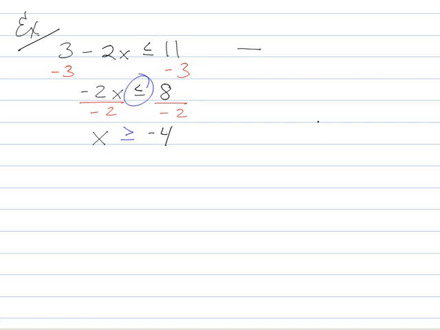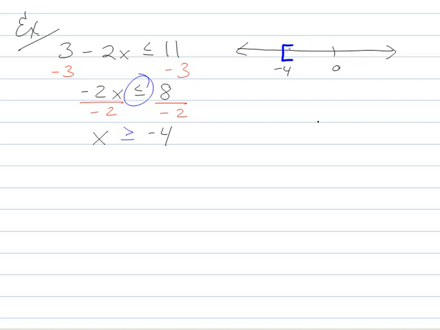Now when you solve these, usually they're going to ask you to graph it. So we've got a 0 and a negative 4. Remember it's greater than or equal to, so we're going to do a bracket. Greater than or equal to means it goes this way.